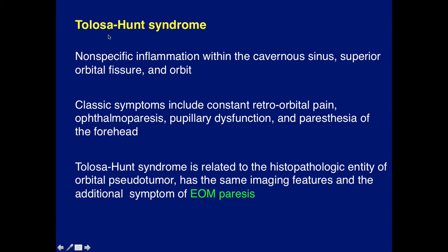Again, to review, Tolosa-Hunt is a nonspecific inflammation within the cavernous sinus, superior orbital fissure and orbit. Severe pain, and the symptoms are ophthalmoparesis, pupillary dysfunction, paresthesias of the forehead. It relates to the histopathology of pseudotumor and has the same imaging features, except, and this is the case here, the Tolosa-Hunt has paresis of the extraocular muscle. So that's the difference between Tolosa-Hunt and orbital pseudotumor.